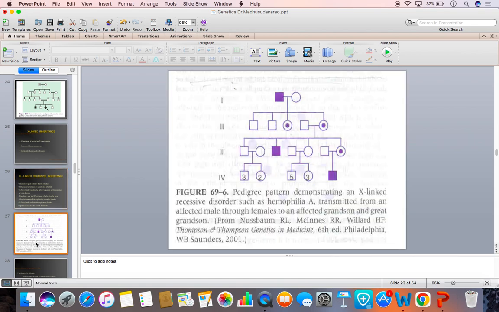Well, look at this pedigree. The father is diseased, all the sons are normal, the daughters are carriers. In turn, in the next generation, male is affected, female is carrier. So that is, male gets the abnormal gene through carrier females.